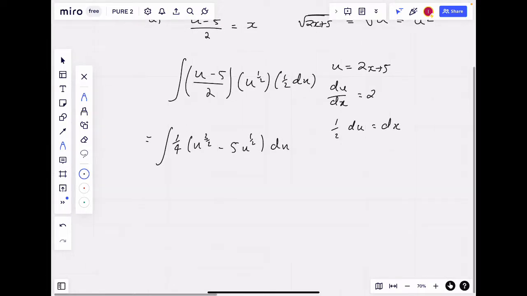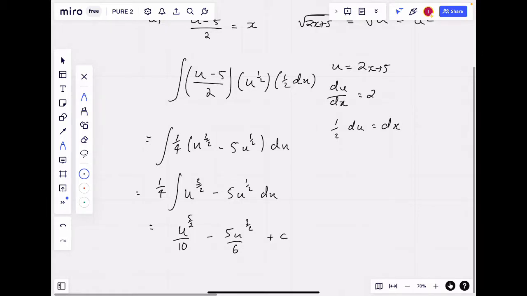Now, you can take the 1 over 4 out and leave the bracket on the inside, which is what you are going to integrate. After integrating and after multiplying by that 1 over 4, you should have u to the power of 5 over 2 all over 10 minus 5u to the power of 3 over 2 all over 6 plus c.